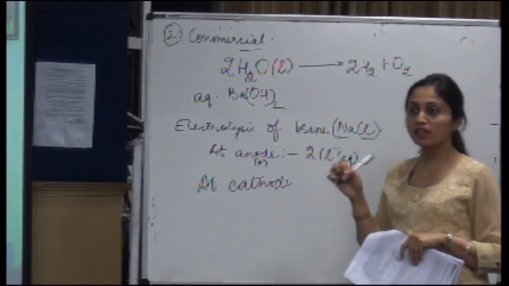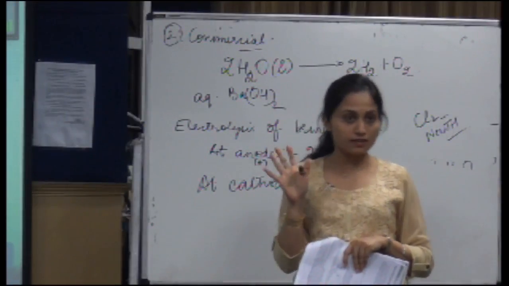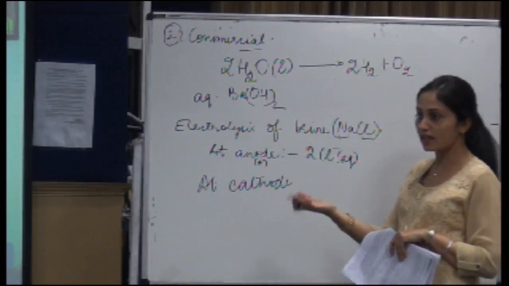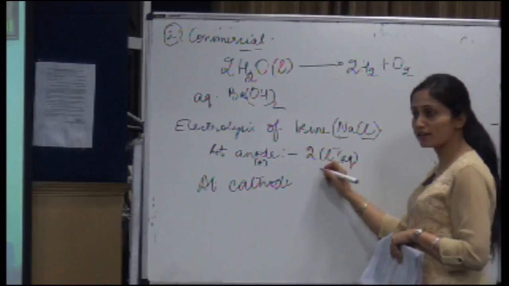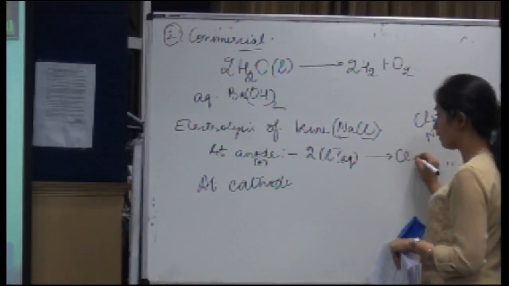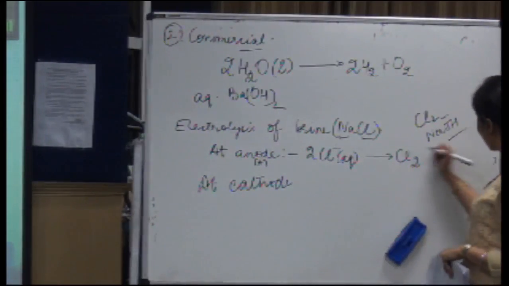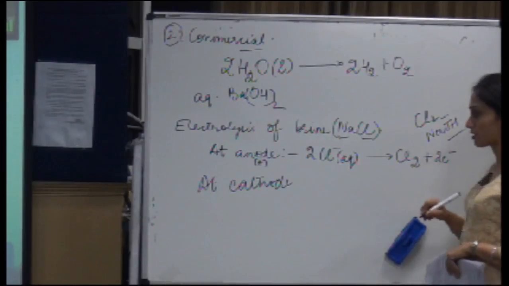Why? Because your ions exist only in aqueous media. This I told you that you cannot have ions existing in gaseous phase. So दोनों Cl minus will now combine to give Cl2. Is the reaction complete? Plus 2 electrons.